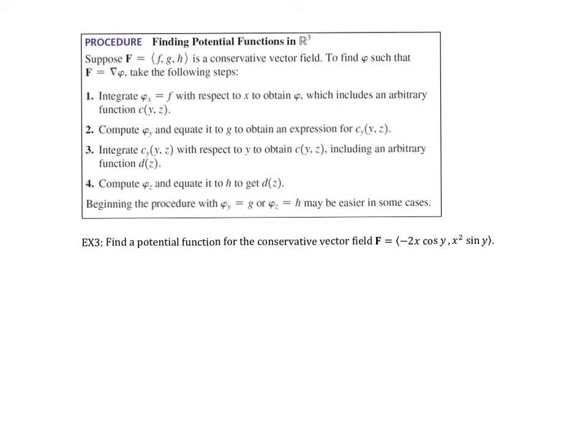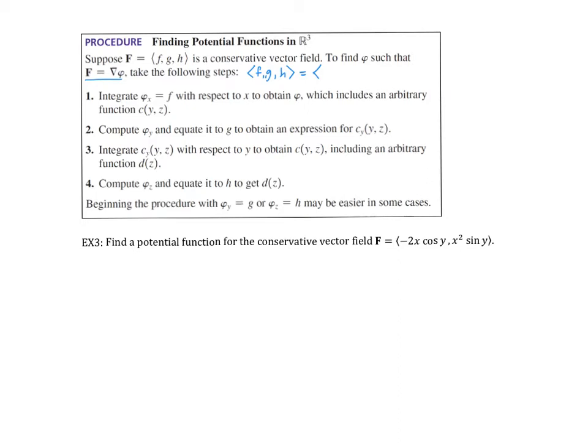So think about what this means. If you have a vector field FGH and you want to find the potential function phi, so that f is equal to the gradient of phi, think about what that means. F is FGH. That means it's going to be equal to the gradient vector field of phi.